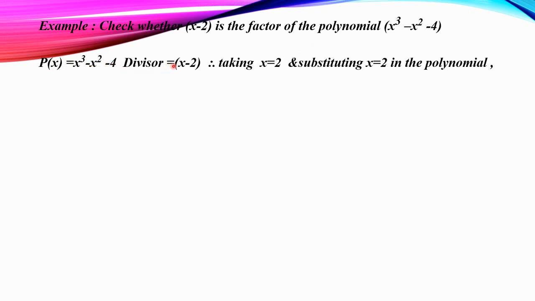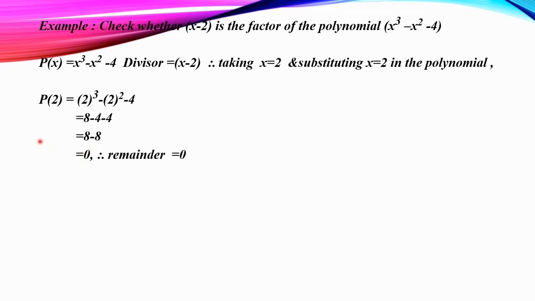So, taking the opposite of minus 2, we will substitute x is equal to 2 in the polynomial. p(2) is equal to 2 raised to power 3 minus 2 raised to power 2 minus 4. So, we get the answer as 8 minus 4 minus 4. Here 8 minus 8 and that is equal to 0.